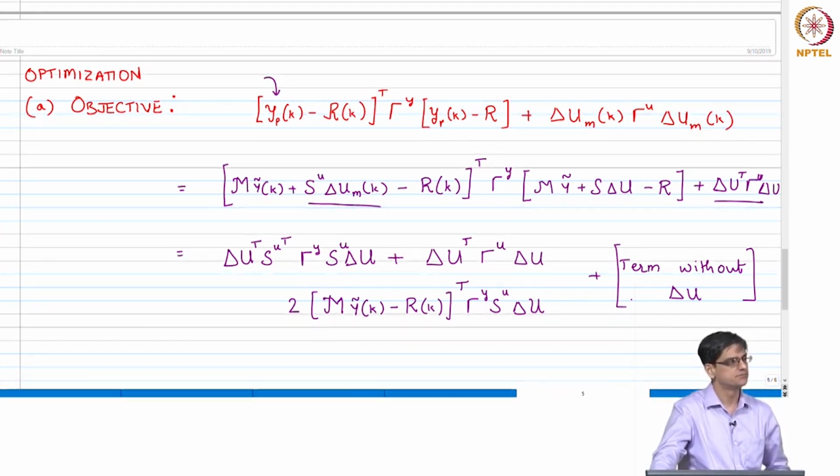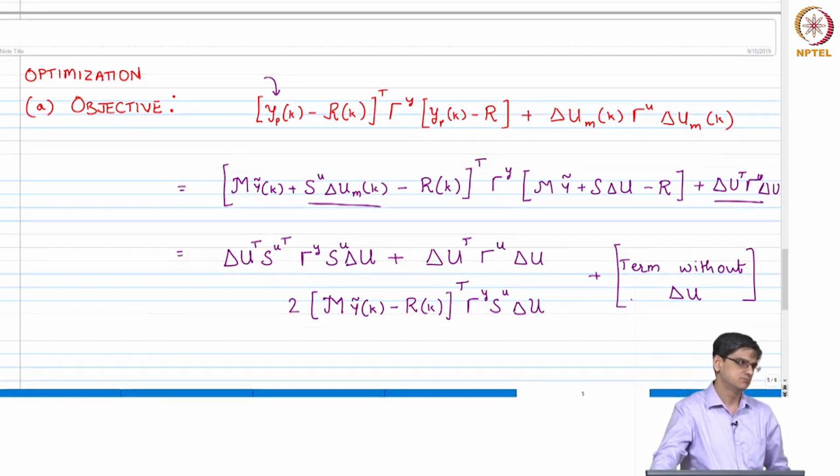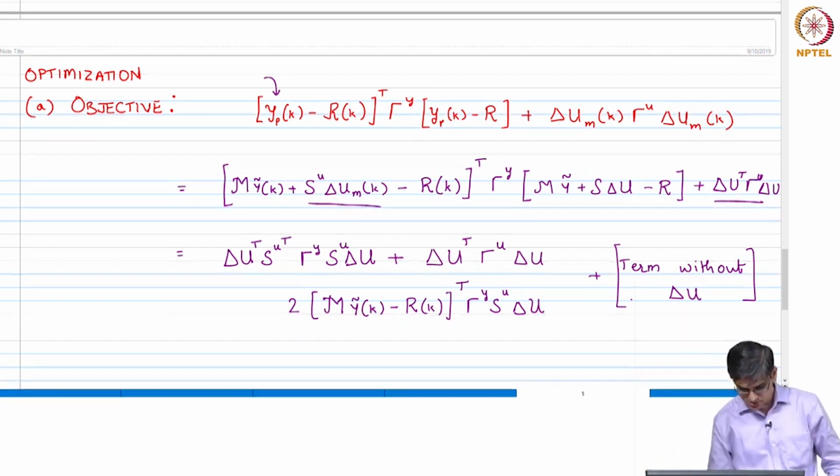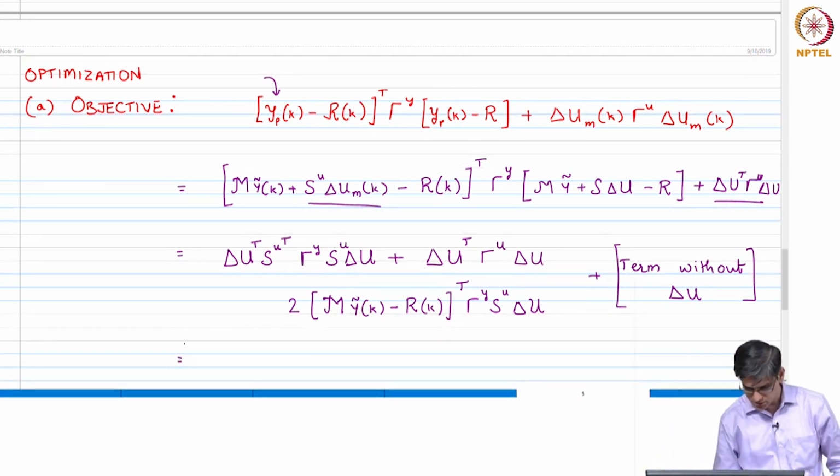As we said in the previous class, last week's class, a constant term does not change the minimum value that your delta u is going to get. So, this now is in your standard form.